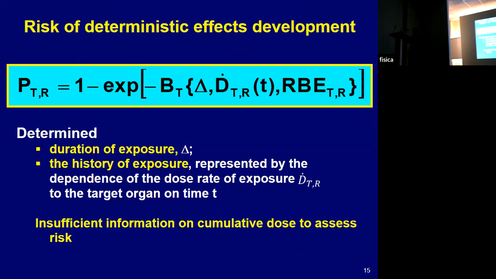The main patterns of development of severe deterministic effects of irradiation are as follows. Due to the variability of individual radiosensitivity of people, any effect is characterized by a range of threshold doses for the appearance of the effect.